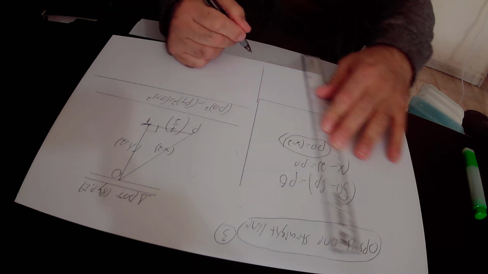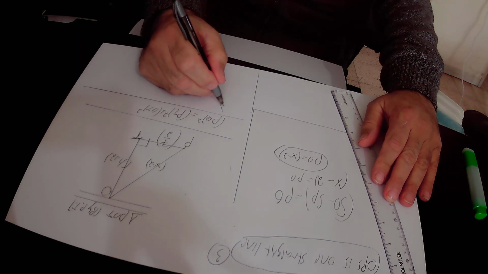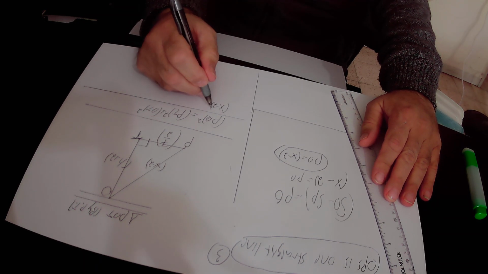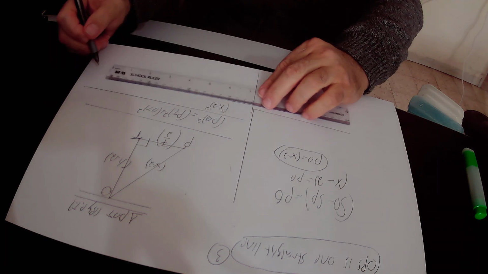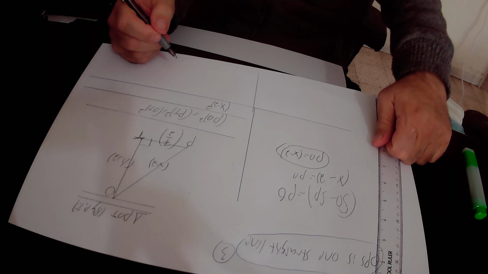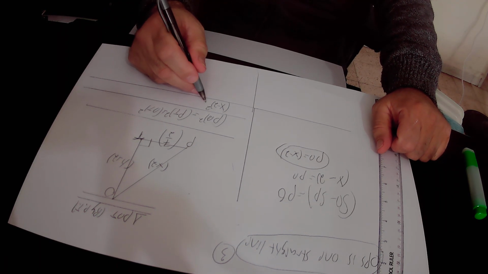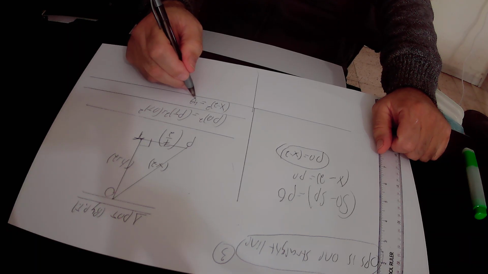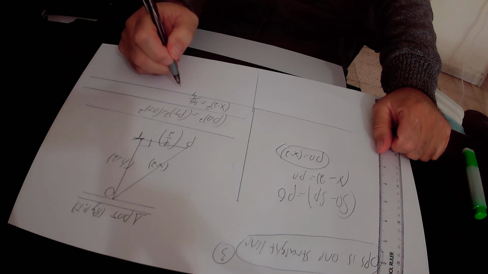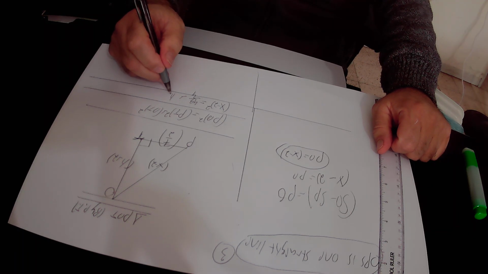PO equals x minus 2, therefore PO squared equals (x minus 2) squared. PT is 7 over 2, therefore PT squared is (7 over 2) squared, that is 49 over 4. Plus OT squared. OT is h plus 2, therefore OT squared is (h plus 2) squared.